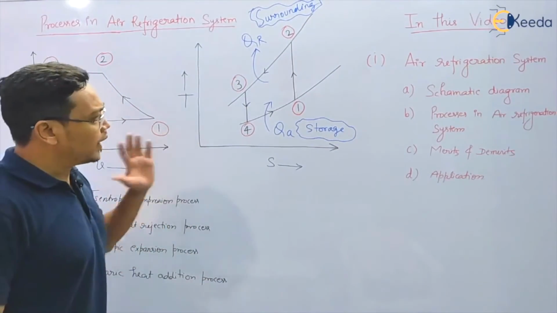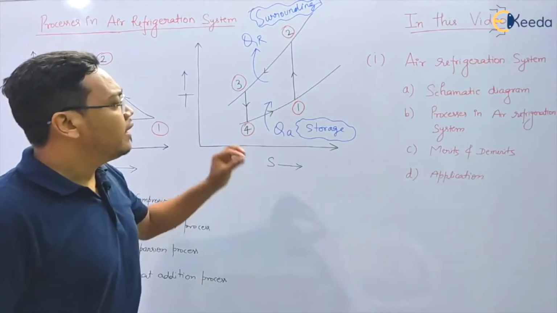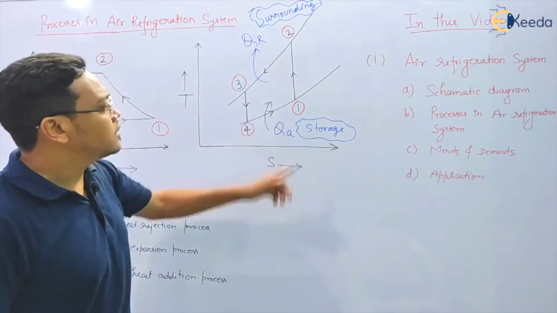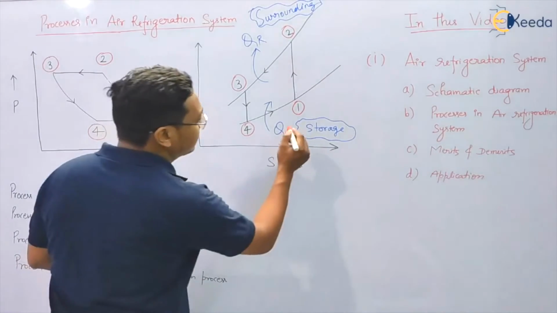In the TS diagram you can easily see 1 to 2 is a reversible adiabatic compression process. It means constant entropy process or isentropic process.